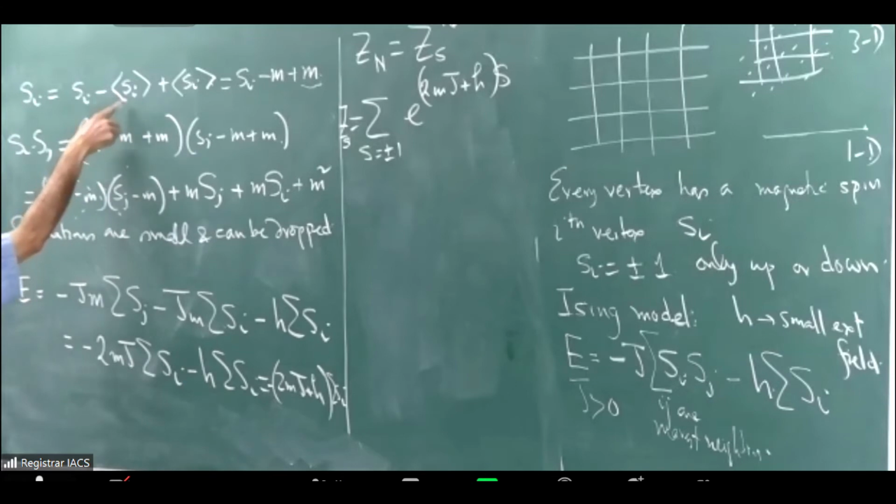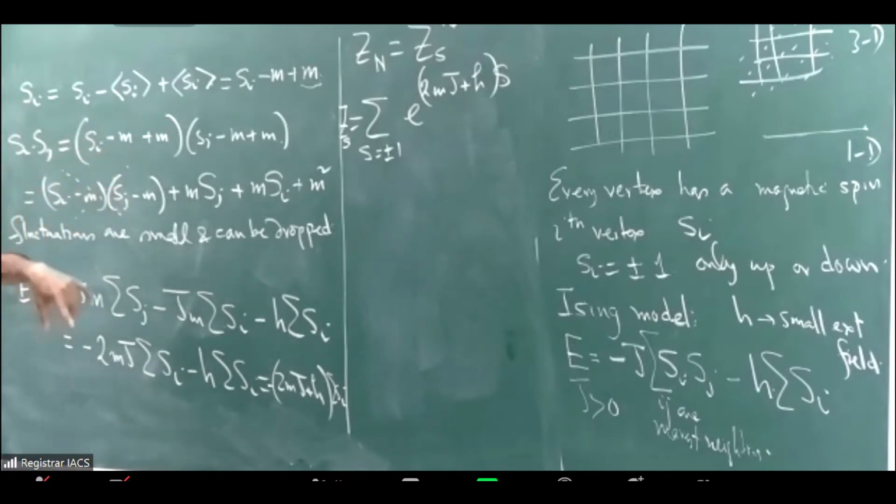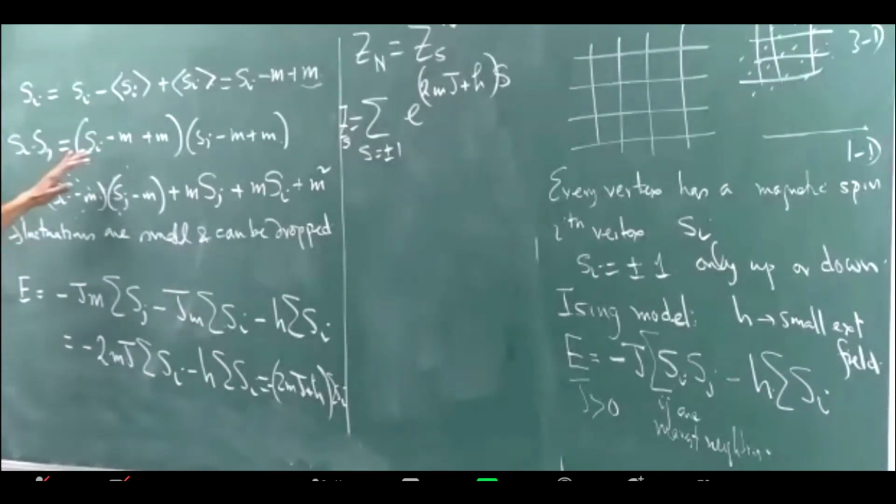I have replaced the average Si, an average over the lattice, with the number M. So it is the total magnetization per site, averaged over all the sites and divided by the number of sites. So M is the average per site.